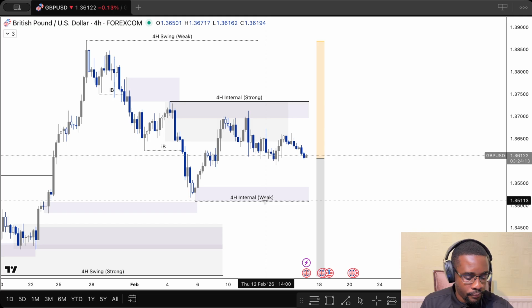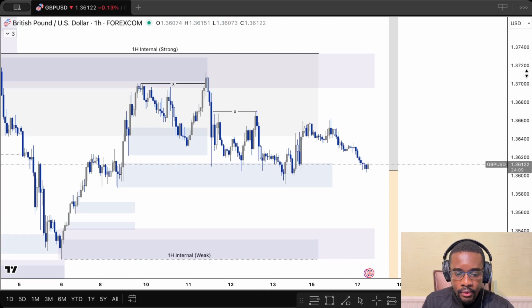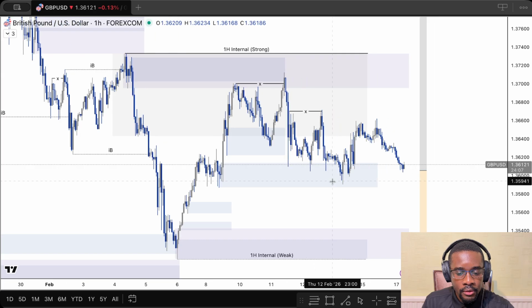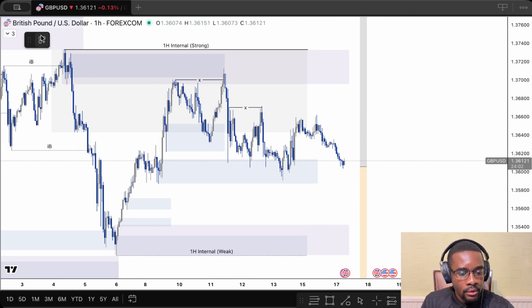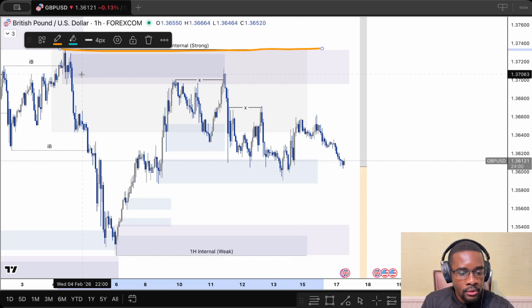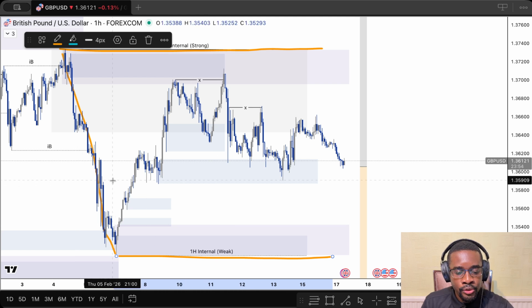So looking at the 1 hour, this is our high and this is our low, and this is the range we are in. Okay, so as you can see, the 4-hour internal and the 1-hour internal, they are exactly the same.